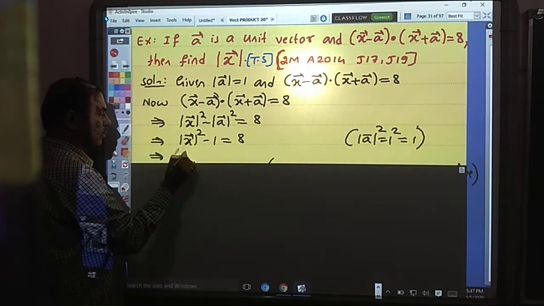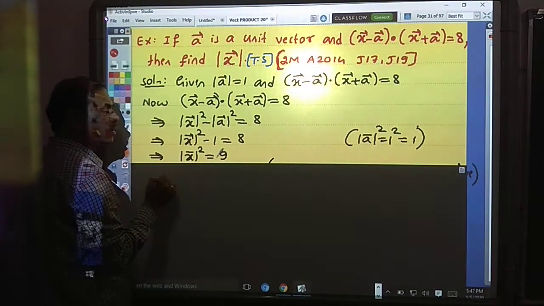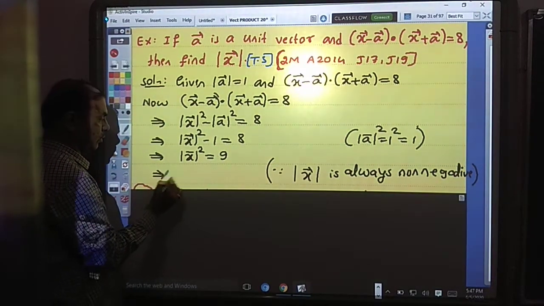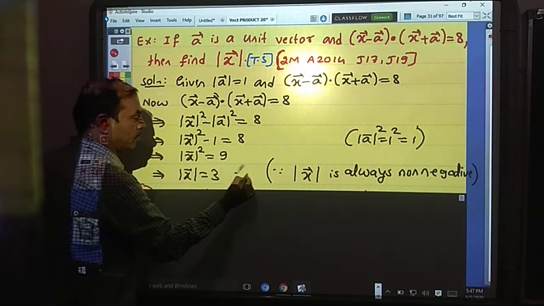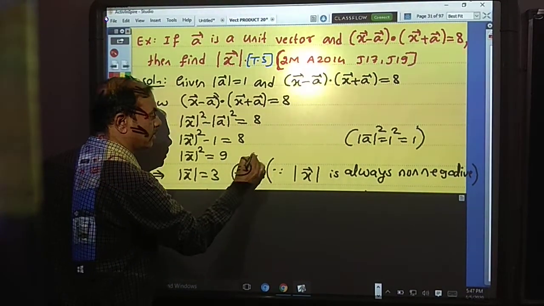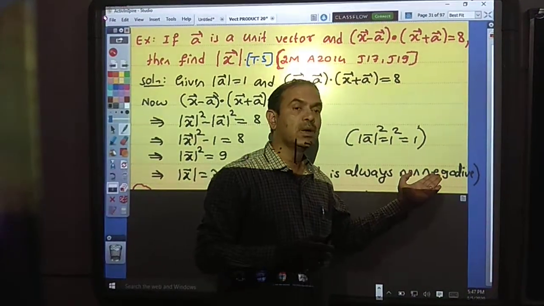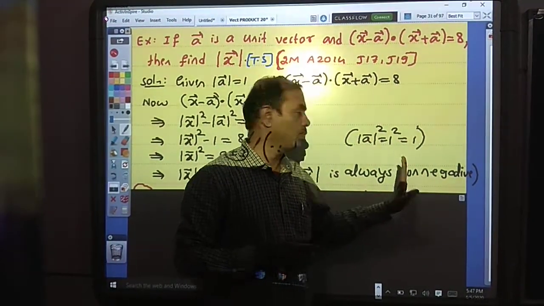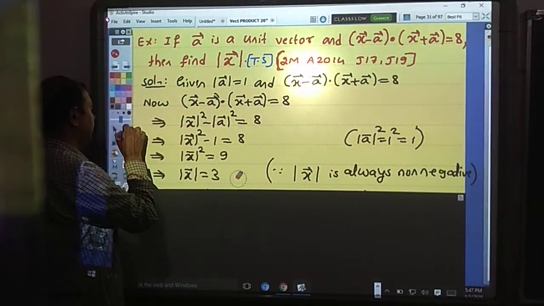That gives magnitude of x square is equal to 9. That gives magnitude x equal to 3. Don't write plus or minus 3. If you write plus or minus 3, this is wrong, because magnitude of x is always non-negative. Magnitude of x is a positive quantity. So don't write plus or minus 3. You write only plus 3.